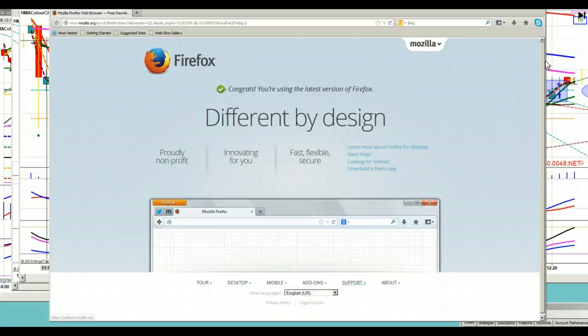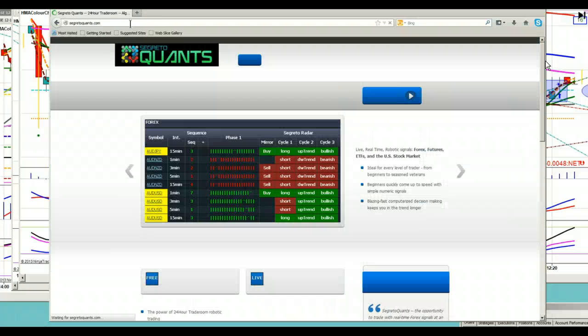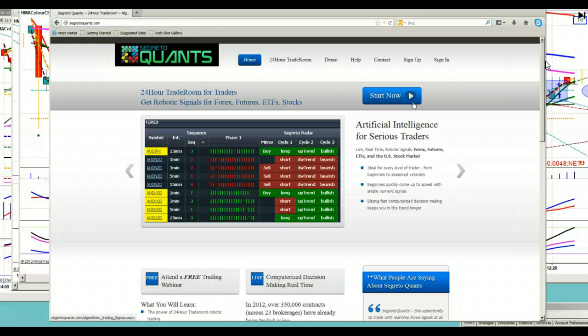Oh, no, wrong website, sorry. Go over here, and at the top, once you've signed up, don't use the shadow traders anymore. Use this URL. Just type in Segredo Quants, for once you've already signed up. Then you put your password in, because this URL is actually better in terms of speed.